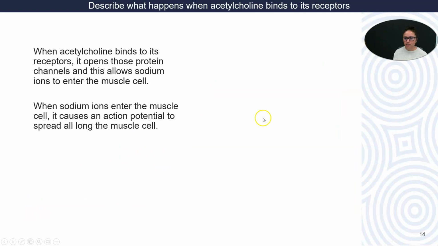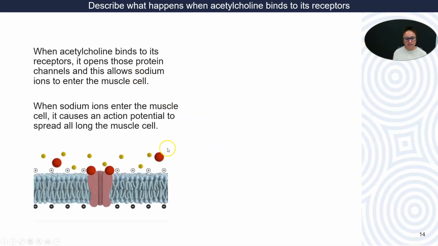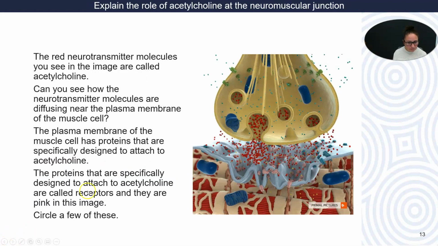All right, let's just do this step and then I might let you catch up with your notes. So when acetylcholine sticks to these receptors, it opens the channel. These pink things here are channels. They are proteins and they are channels. When acetylcholine sticks onto them, the channel opens and allows things to go through.